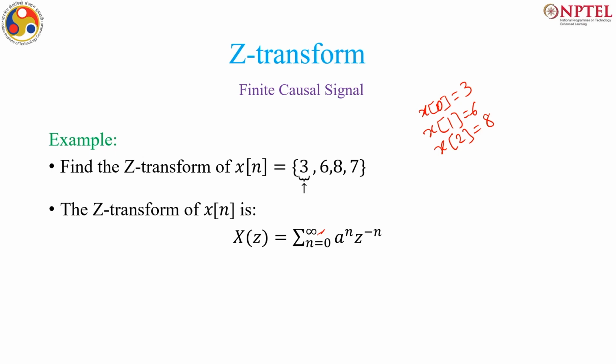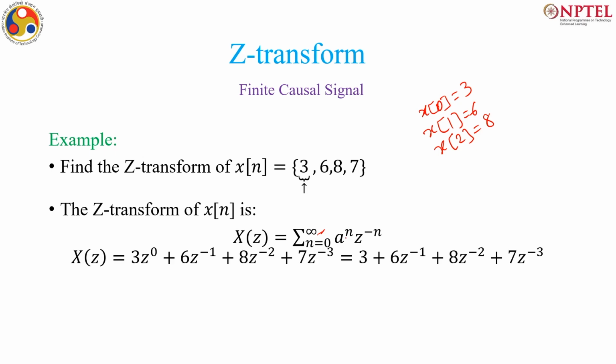If I plug in the values, I put n equals 0, I get x 0 which is 3, and z power 0, then x1 which is 6, then z power negative 1, then x2 which is 8, then z power negative 2, and then x3 with z power negative 3, and the rest are zeros. z power 0 is 1, and so I can expand this as 3 plus 6 z inverse plus 8 z to the minus 2 and 7 z to the power minus 3.